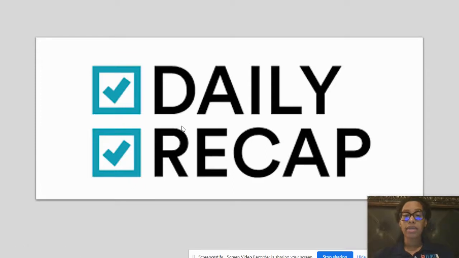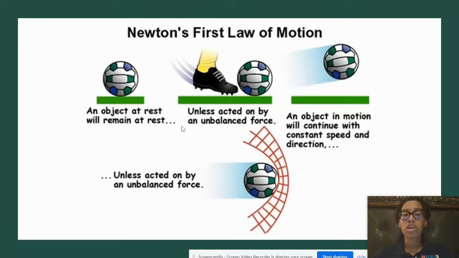Let's start with our daily recap. So we started off this unit learning about the first law of motion, which just says an object at rest stays at rest. An object in motion stays in motion unless acted on by an unbalanced force. So this is Newton's first law, and most of the examples that I gave were moving at constant speed.